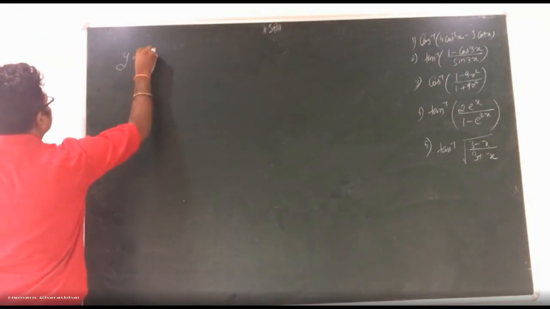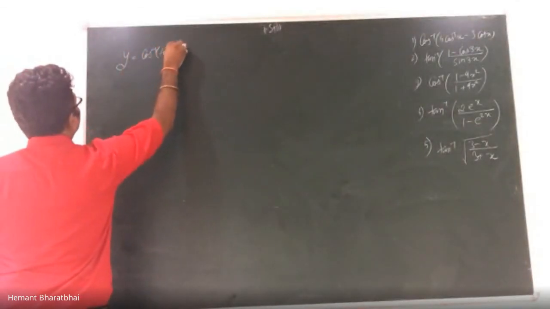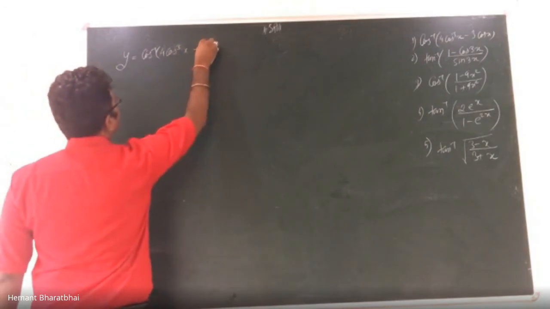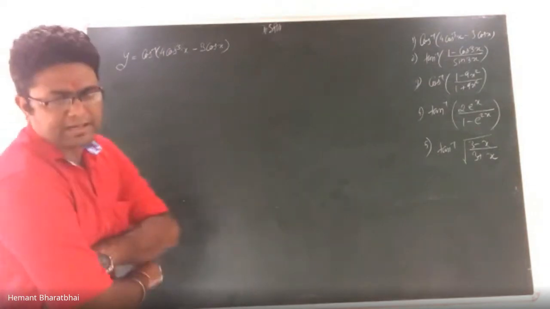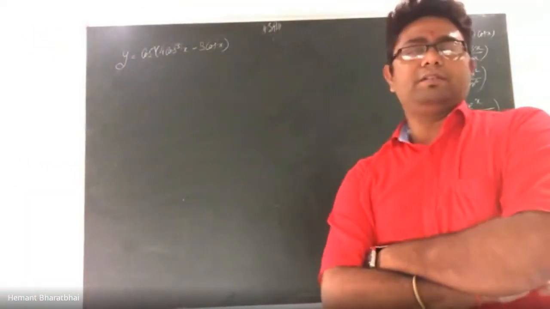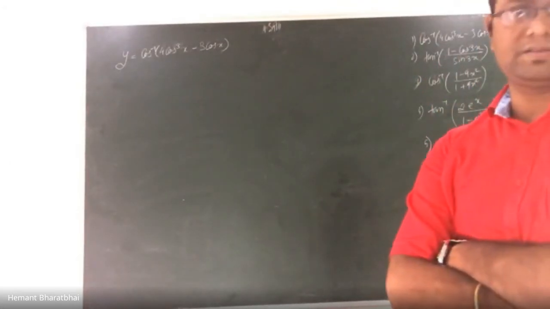Y is equal to cos inverse of 4 cos cube x minus 3 cos x. Now again, if I directly apply the chain rule, I will be in a very big problem, because derivative of cos inverse of x is minus 1 upon under root of 1 minus x square.